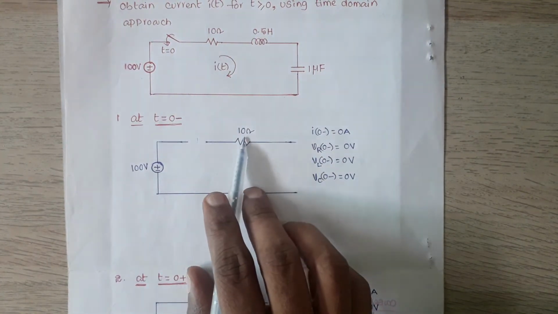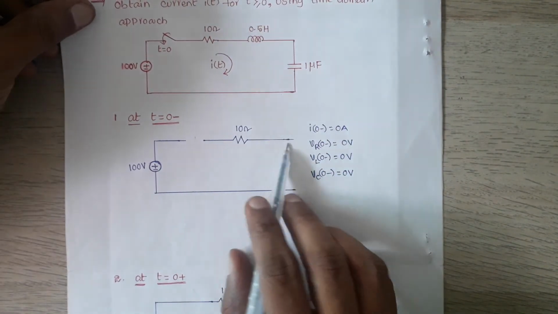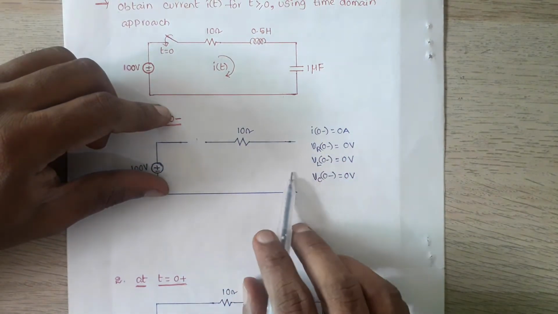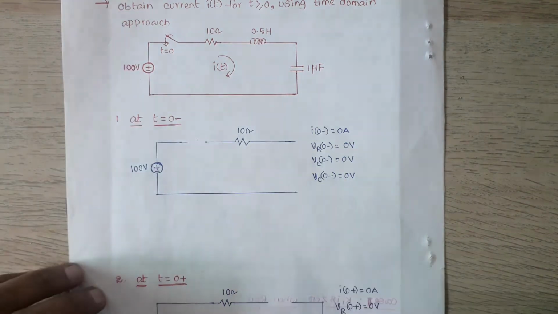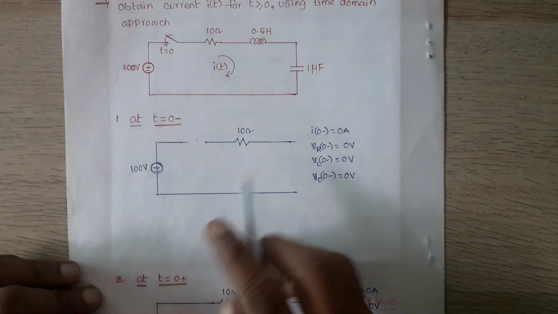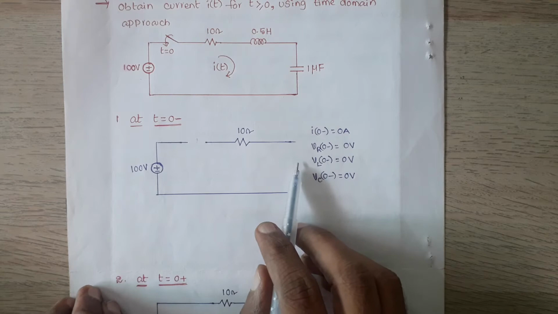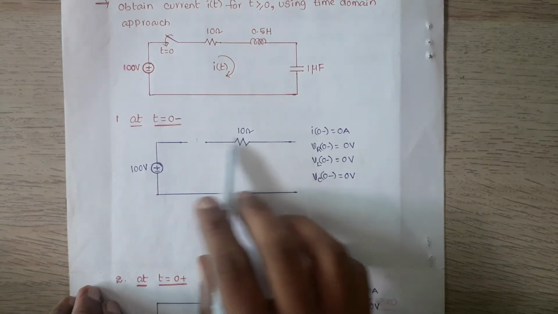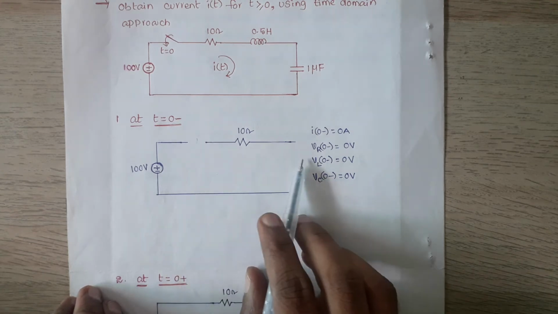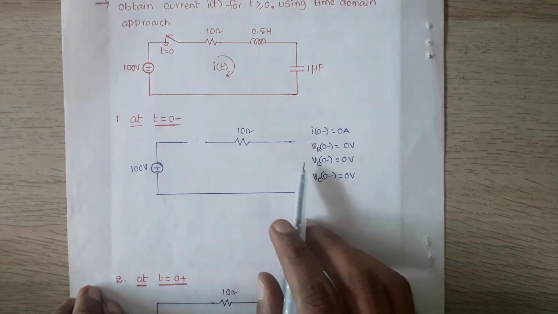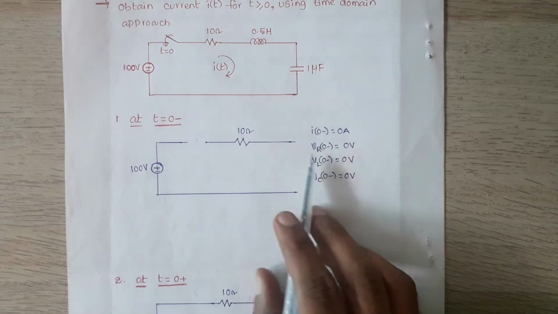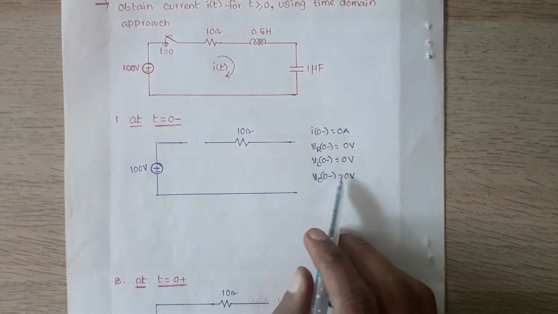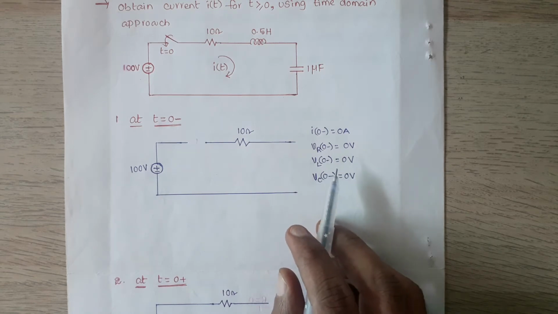Resistor behaves as resistor, and inductor is short circuited, because t equal to 0 minus is steady state, and the capacitor is open circuited, because at steady state a capacitor is open circuited. So there is no current because the switch is not closed and the capacitor acts as an open circuit. So current in the circuit is 0, voltage across the resistor is 0, voltage across the inductor is 0, and voltage across the capacitor is also 0.